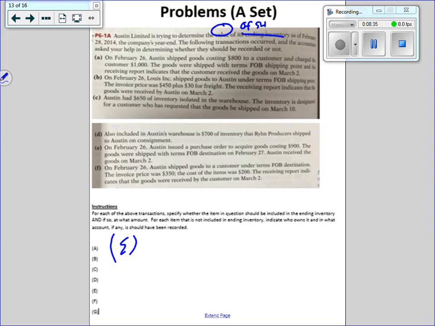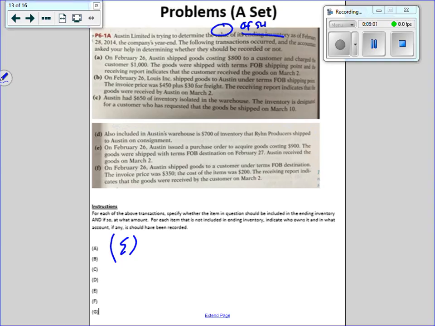So going back to February 26th, we issued a purchase order to acquire goods. The goods were shipped FOB destination, free to us, on February 26th. We didn't get them until March 2nd. Who owns stuff on a truck if it's FOB destination? The shipper.